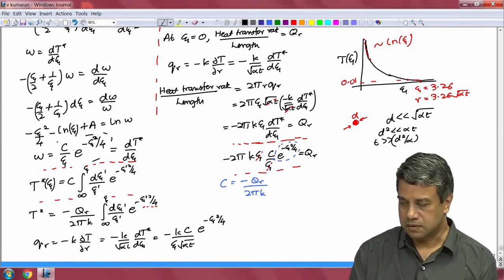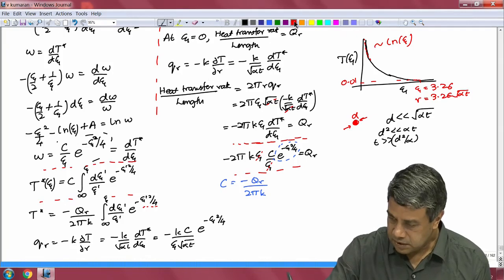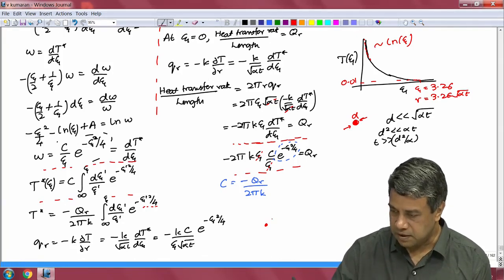So, the approximation we made was conduction into an infinite medium.